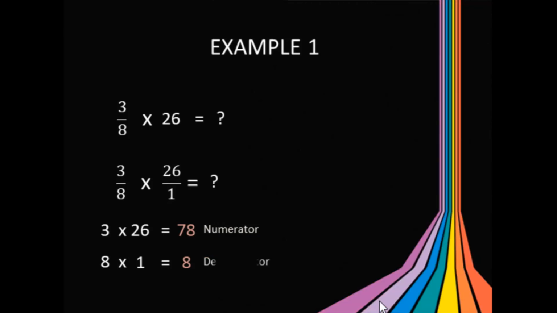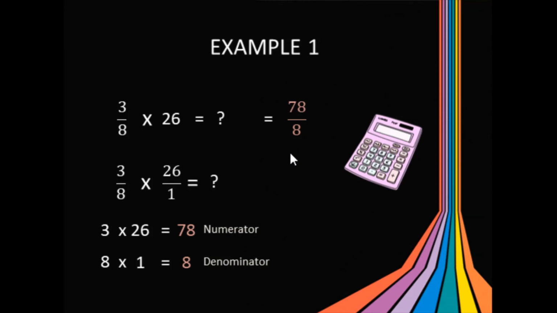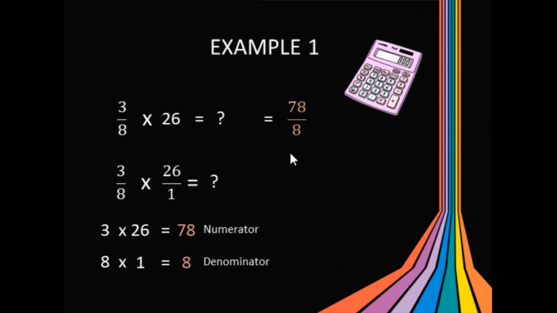We have 78 over 8. Simplify. Make it small. You divide 78 by 8. You can use your calculators. You get 9 6/8, 9 and 6 eighths, or 9 and 3 fourths.